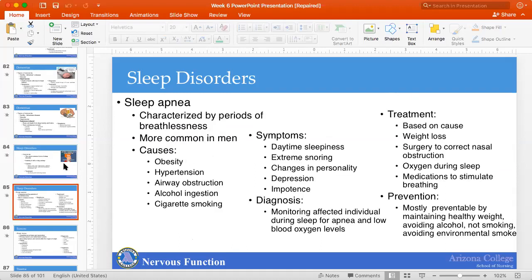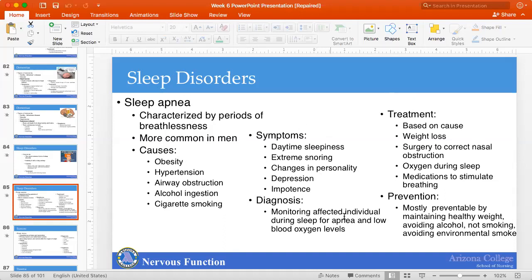Sleep apnea. This is another sleep disorder characterized by periods of breathlessness. So there will actually be a cessation of breathing at certain times or multiple times when someone is sleeping. More common in men. Some causes would be obesity, hypertension, airway obstruction, alcohol ingestion, cigarette smoking. And you can see some of the symptoms.